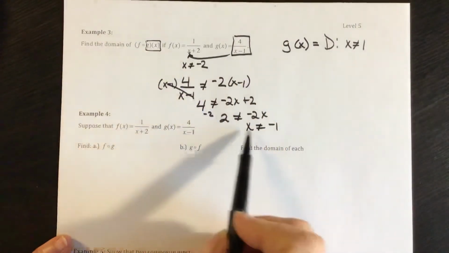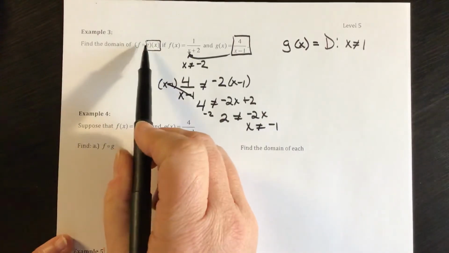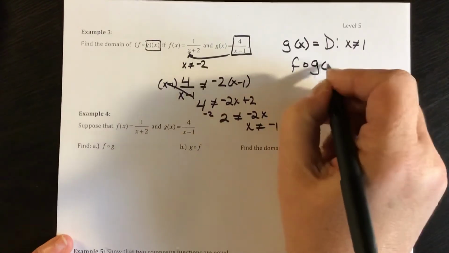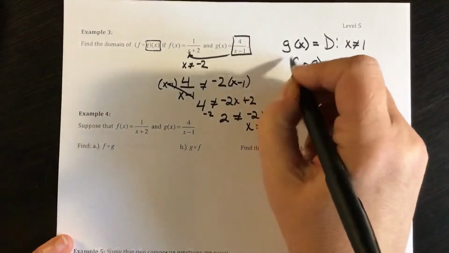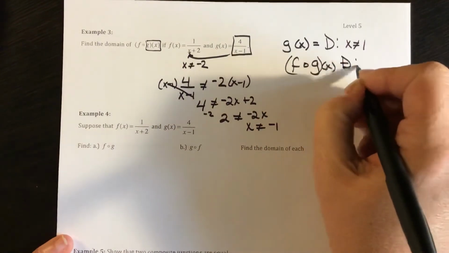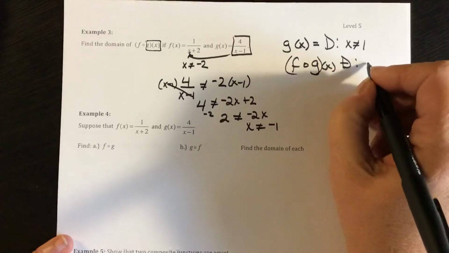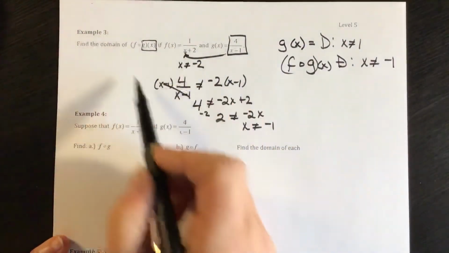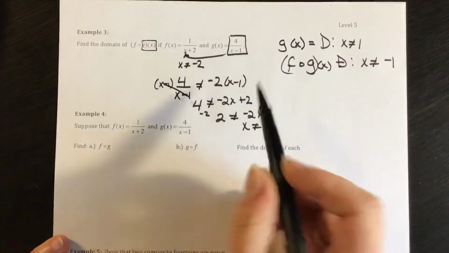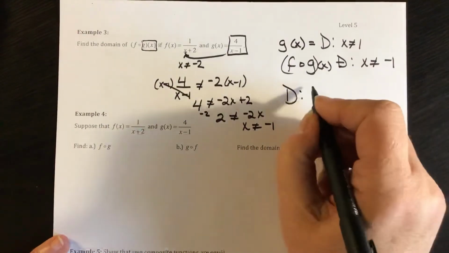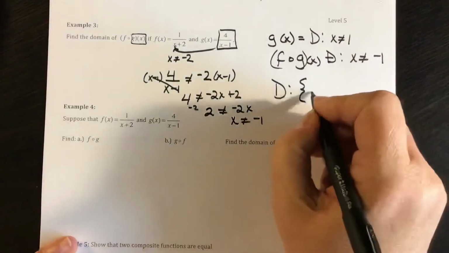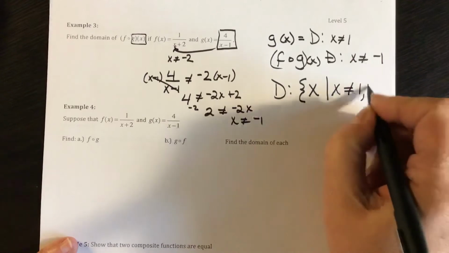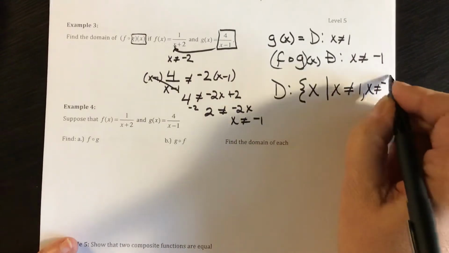So the domain of f of g of x is all values except x cannot equal -1. So for the whole problem here, remember the set notation, for all values of x, x cannot equal 1 and x cannot equal -1.